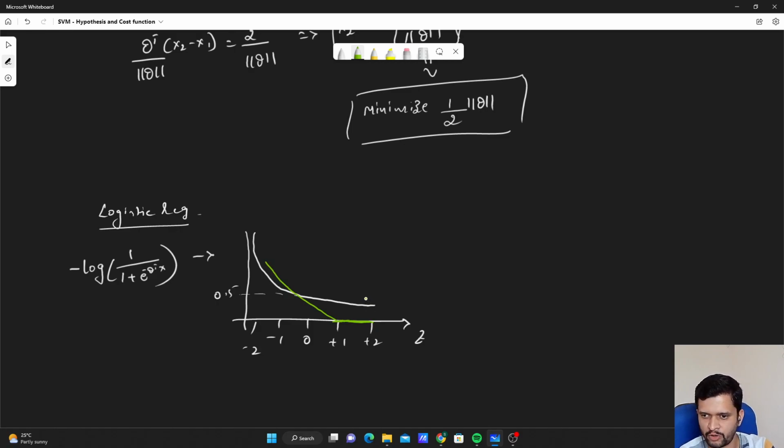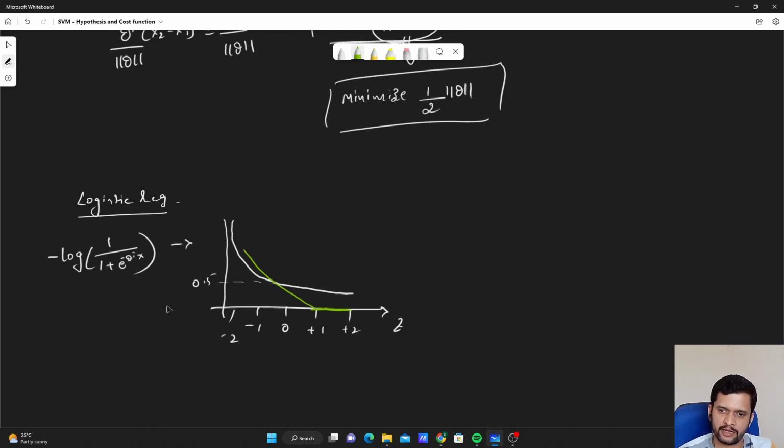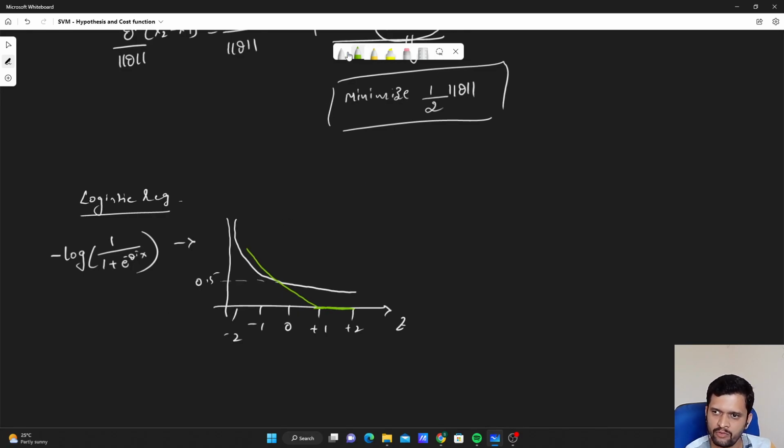Forget about the slope of this particular line for the moment. We are not concerned with the slope to explain this process. This is when we have y associated with the positive class, positive example, right? So this particular red line here is the cost function for SVM.